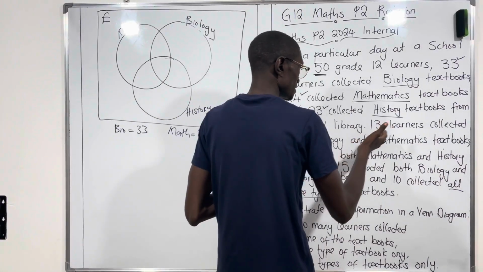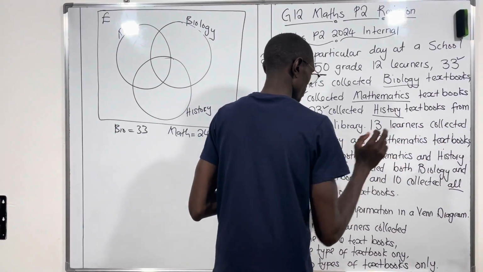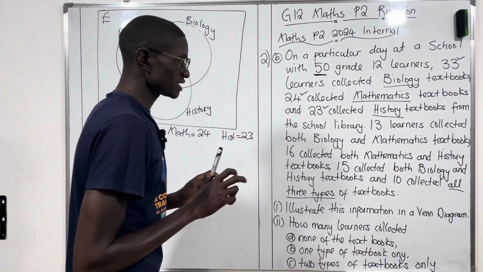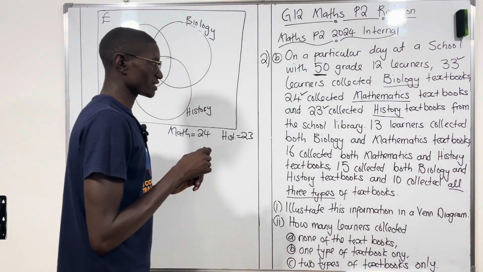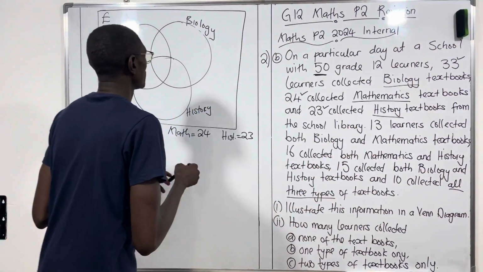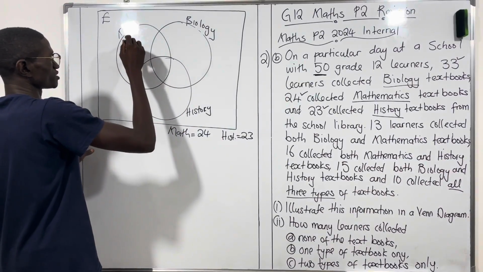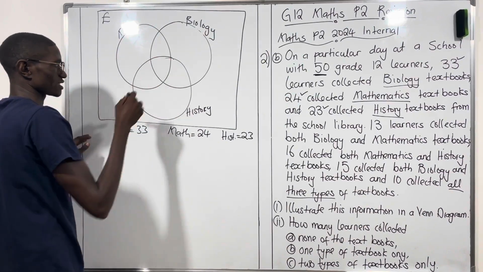We're told 13 learners collected both biology and mathematics. This is the same as the intersection of mathematics and biology. Where's the intersection for mathematics and biology? Math is here, biology is here. The intersection here, the total should be 13.